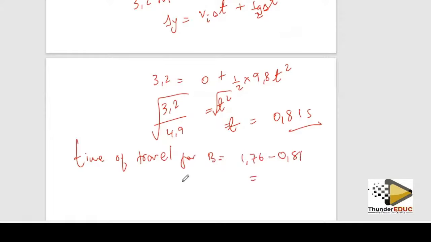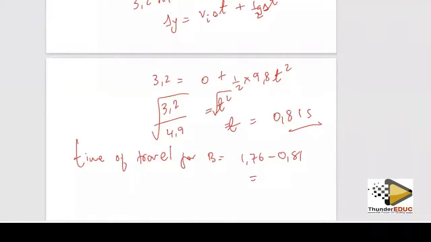Okay, so we said 1.76 minus 0.81, and that gives me 0.95 seconds.